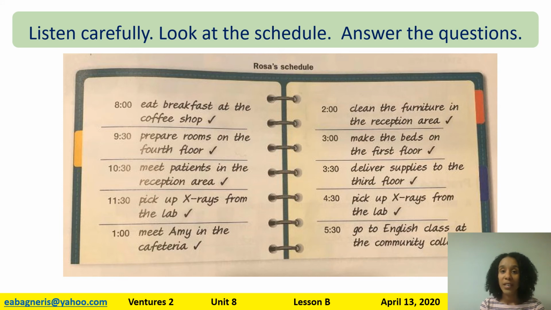The more you speak, the better you will get at English. Since we cannot be in class, I want you to practice as much as you can. If you don't have a family member that you can practice with, you can ask yourself the questions and answer them too. Okay, let's go on.